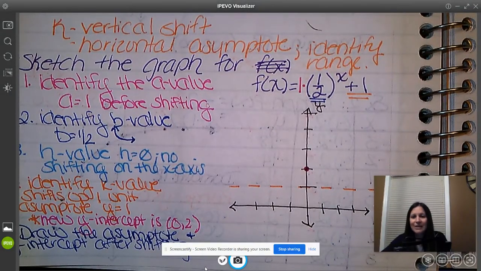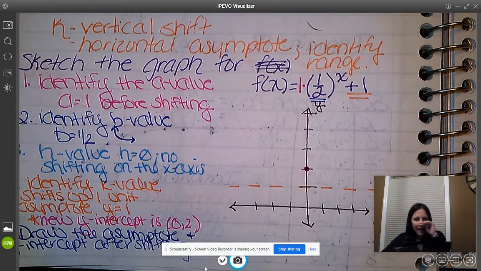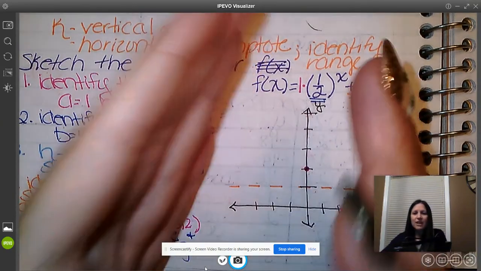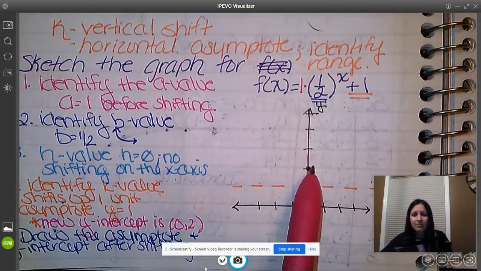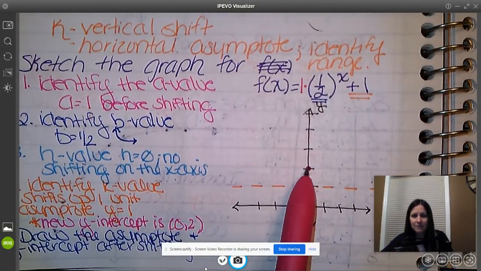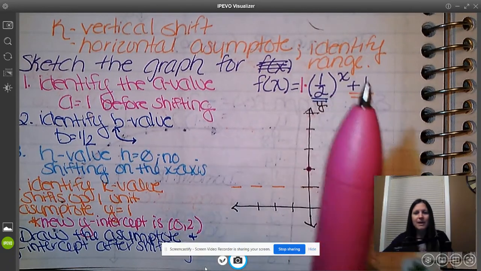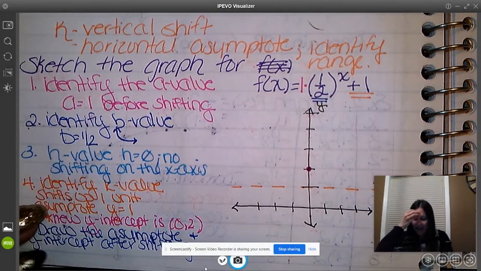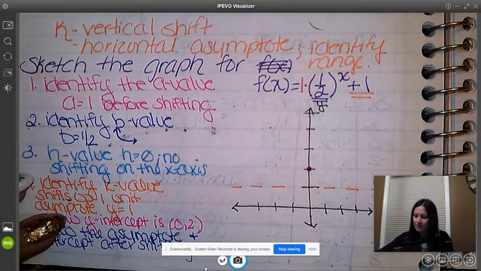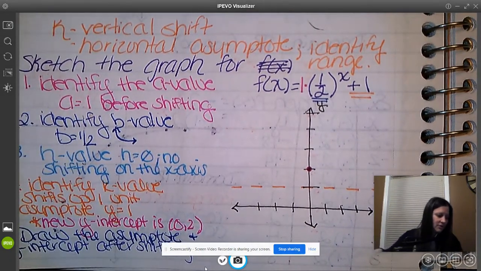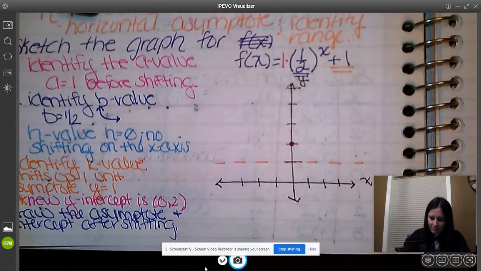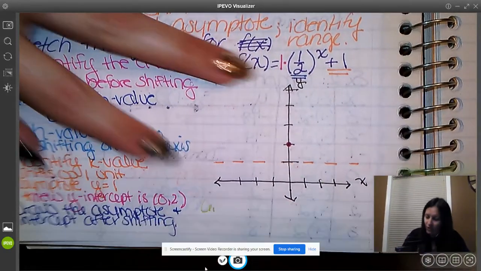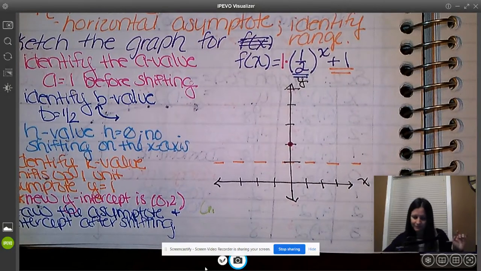Okay? So now, since we're sketching, we can pick a value to the left and the right of this point here. Okay? And we're going to make a table. So that is step 6. Oh, you can't see that color, huh?